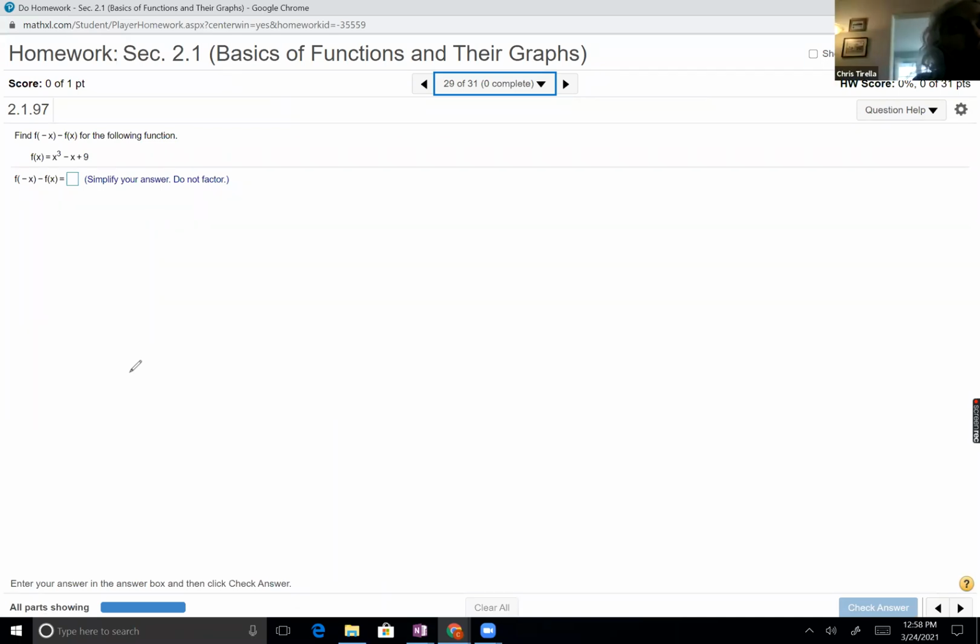Okay, over here with this one, we know that f of x, we're told, is x cubed minus x plus 9. So that's the f of x. We need to find f of negative x.